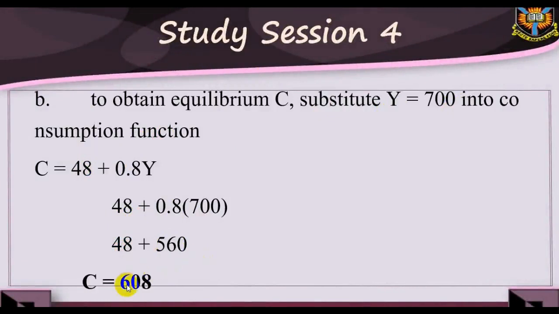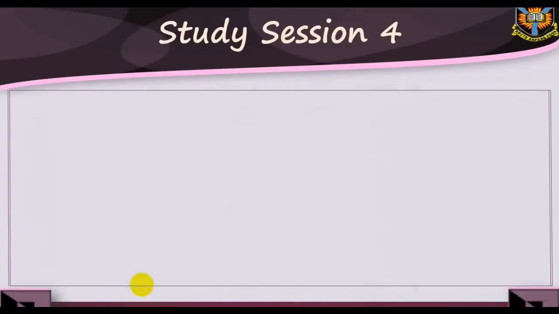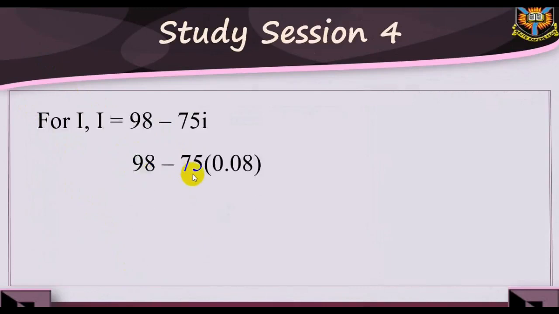C therefore equals 608. From I equals 98 minus 75i, 98 minus 75 of 0.08 equals 98 minus 6. Therefore I equals 92.